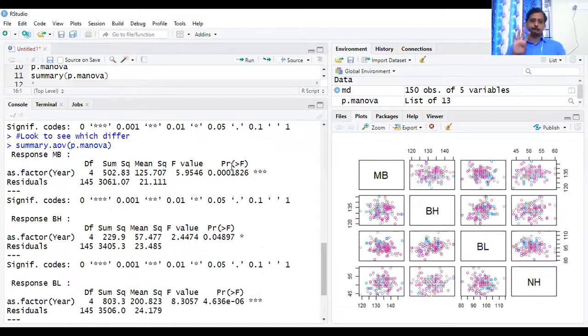So of the four characteristics, breadth, height, and length have changed over the years. That is one conclusion we can make.